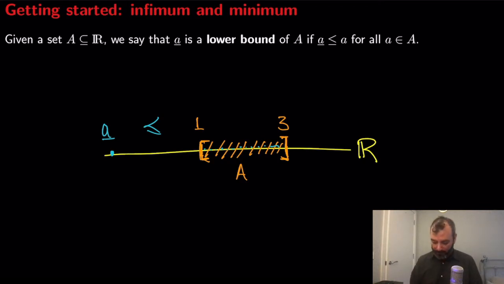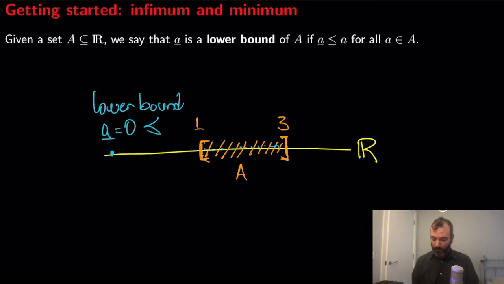So if you take A underlined to be equal to 0, for instance, it is clear it is a lower bound because 0 is less than or equal to 3, less than or equal to 2.9, 1.6, and so on. All of these numbers, and it is also less than or equal to 1. This is called a lower bound.